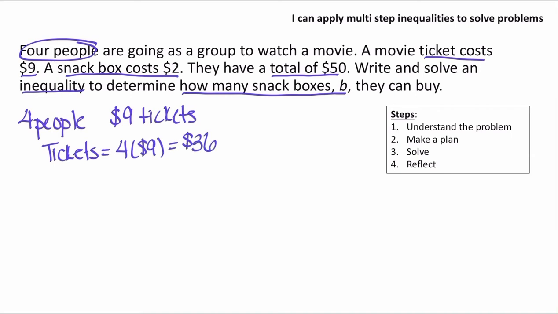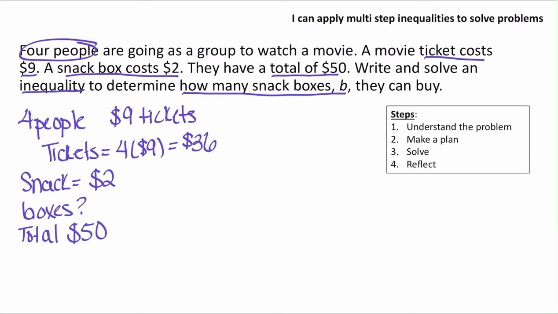Okay, because we're just going to say that everyone is going to watch the movie. So a snack box is going to cost $2 a box, right? But we don't know how many boxes they're going to buy. So the number of boxes is going to be our unknown, okay? And then it says we have a total of $50.